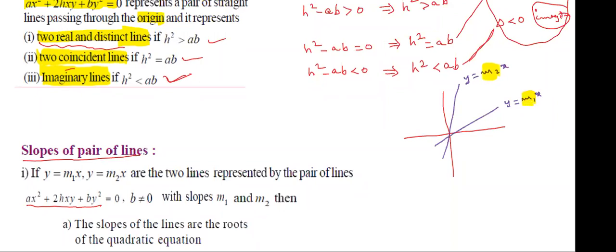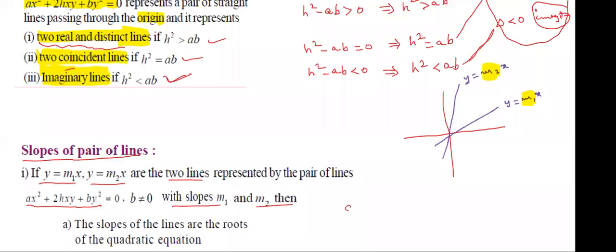Okay students, see the concept here. y is equal to m1x and y is equal to m2x are two lines represented by the pair of lines ax square plus 2hxy plus by square is equal to 0 with slopes m1 and m2.